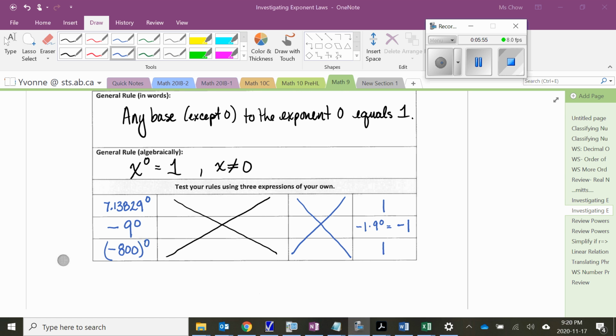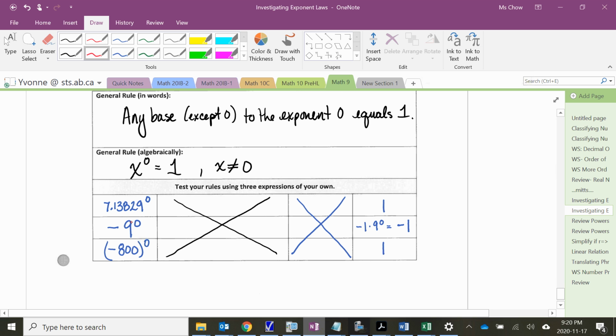So when we identify the base, remember again, the base is directly below the exponent or everything in brackets. And so what is directly below the exponent is just the 9. So 9 to the 0 is then equal to 1. And then there's that negative in front, so it's almost like -1 times 1, which is then equal to -1.